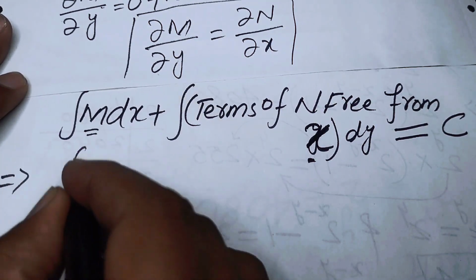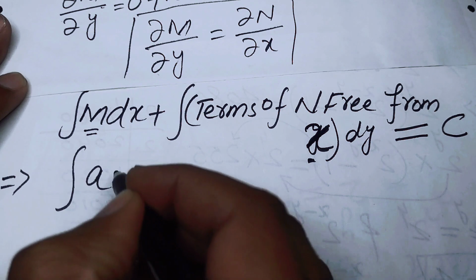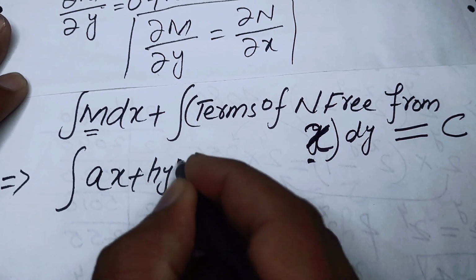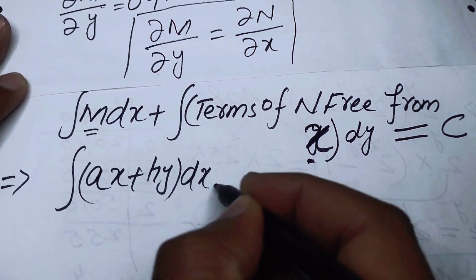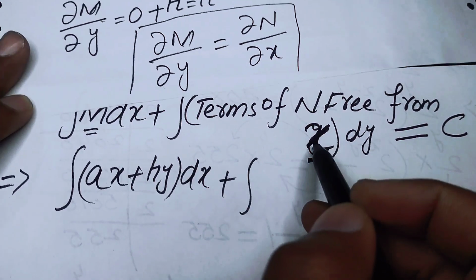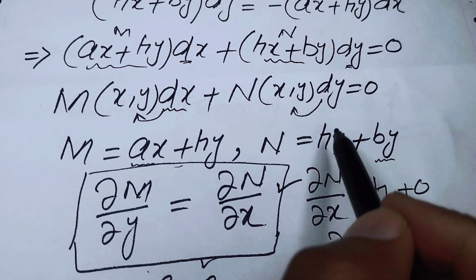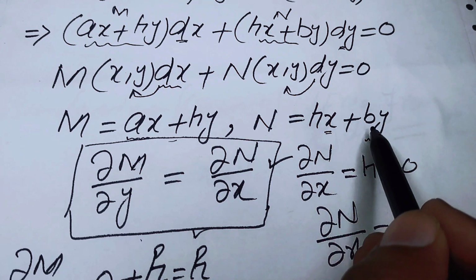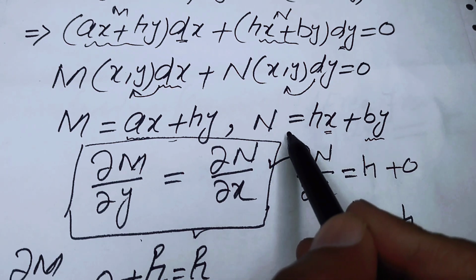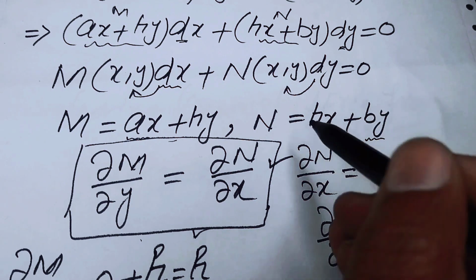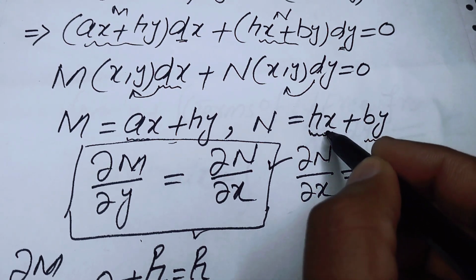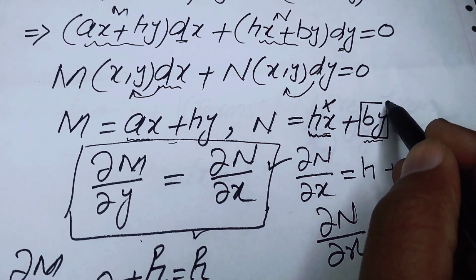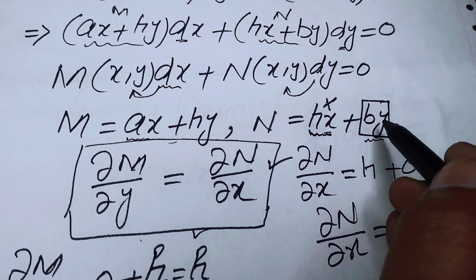This becomes the integration of (ax + hy) dx, plus N. The value of N is hx + by, and we choose those terms of N which do not involve x. So hx involves x, and we neglect this term, and we choose only by, because this term does not involve x.